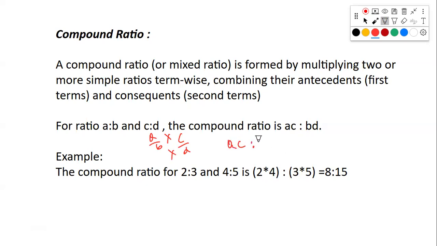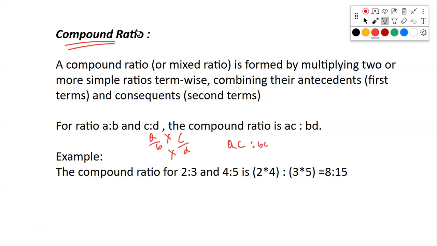So AC is to BD. Different terminologies will be there. We are now talking about a compound ratio. What is compound ratio? Multiplying the numerators and multiplying the denominators.